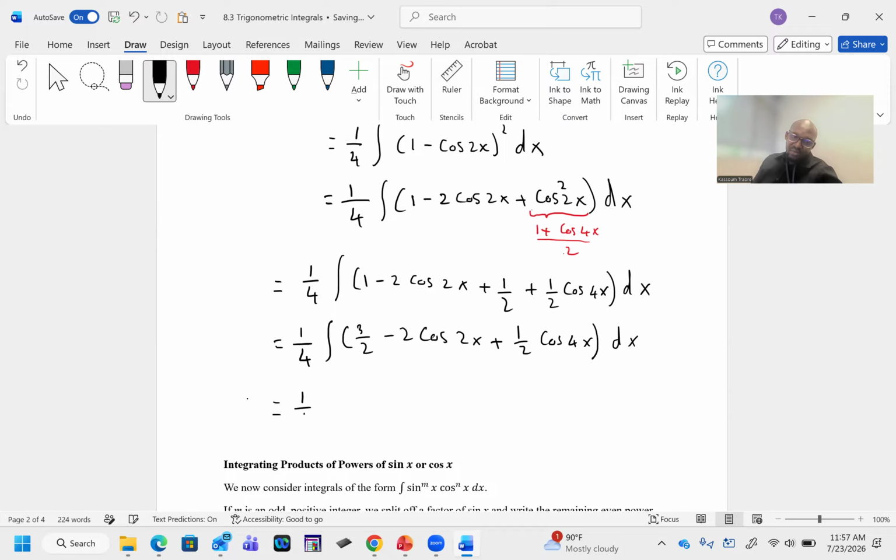So I will have 1 over 4 times 3 divided by 2 x, minus sine of 2x, sorry, plus 1 over 8 sine of 4x, plus c. And that's it.